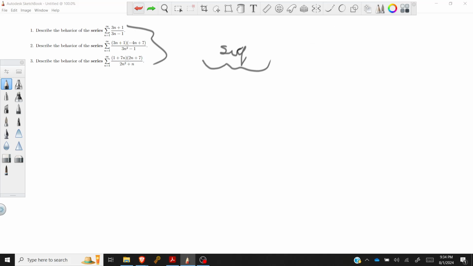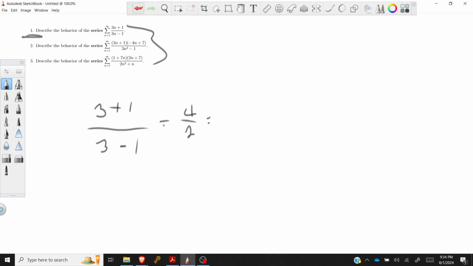So just to demonstrate this one more time, I'm just going to plug dummy values into this first one. With n equals 1, we'll get 3 times 1 plus 1 over 3 times 1 minus 1. So that's going to be 4 over 2, which is equal to 2.